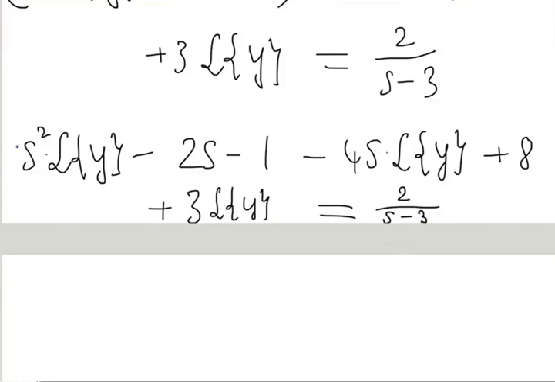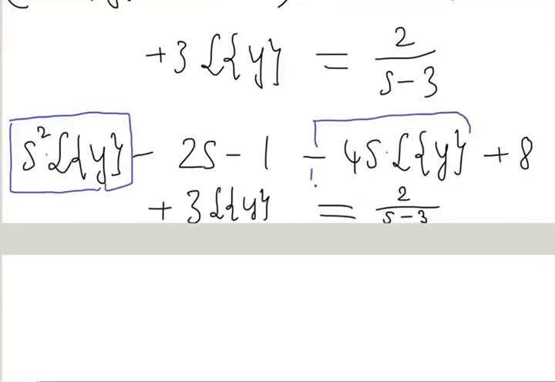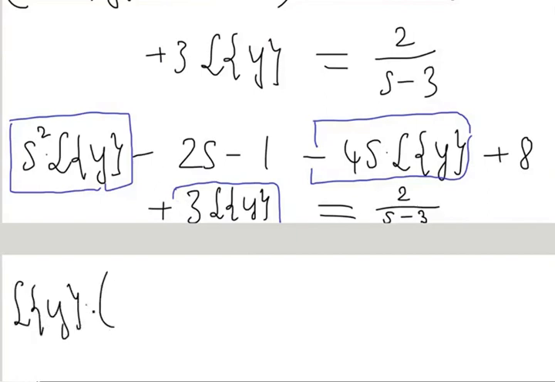As before, we keep all the terms involving the Laplace transform on the left side and factor out the Laplace transform. So Laplace transform of y times s squared minus 4s plus 3.